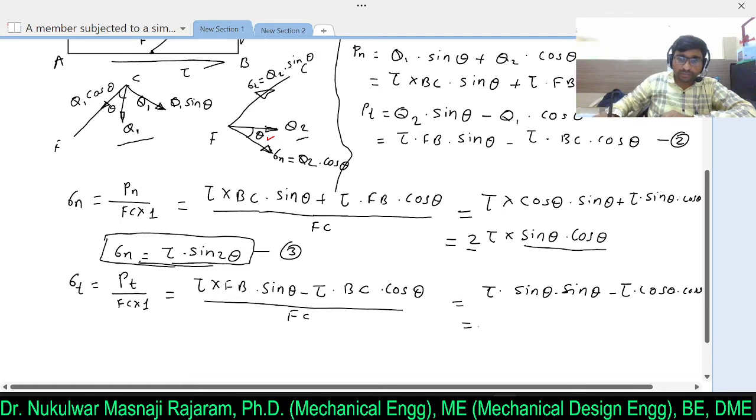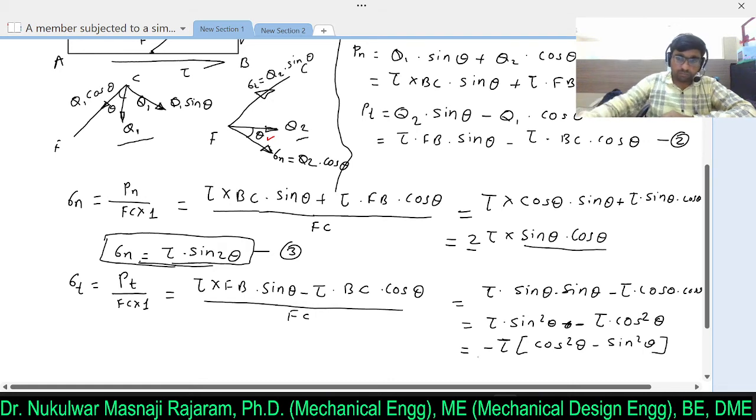So this equation becomes tau into sine square theta minus tau into cos square theta. If I take minus tau common, then I can write cos square theta minus sin square theta, and from this, by using trigonometry, minus tau into cos of 2 theta.